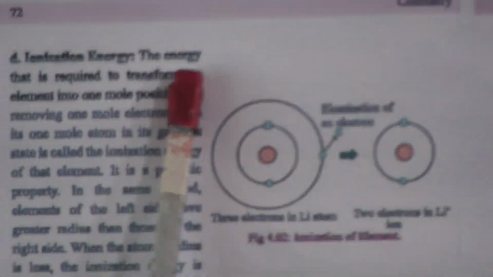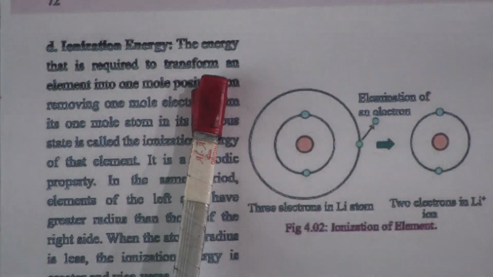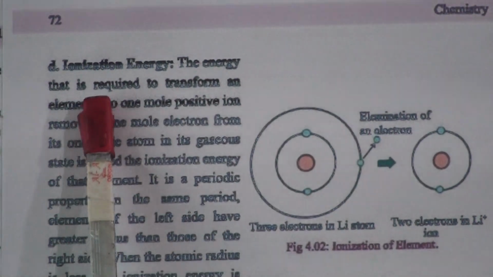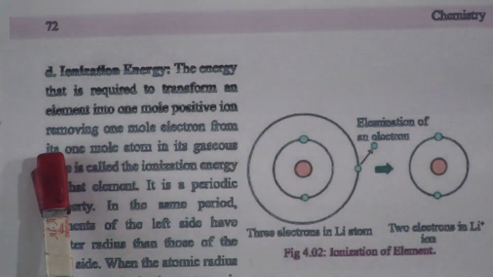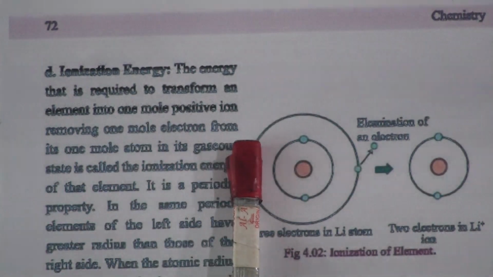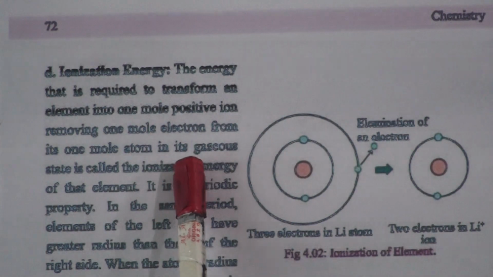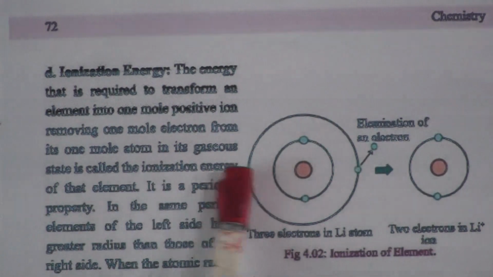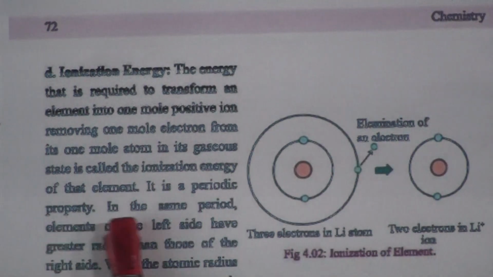Ionization energy: the energy that is required to transform an element into a 1 mole positive ion, removing 1 mole electrons from its 1 mole atoms in its gaseous state, is called the ionization energy of that element, and it is a periodic property.